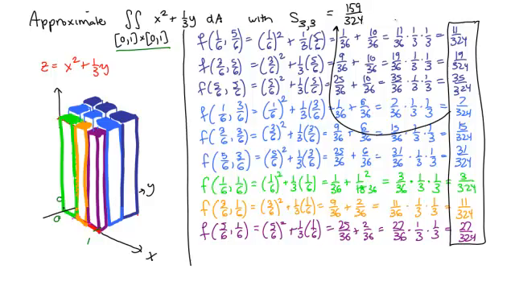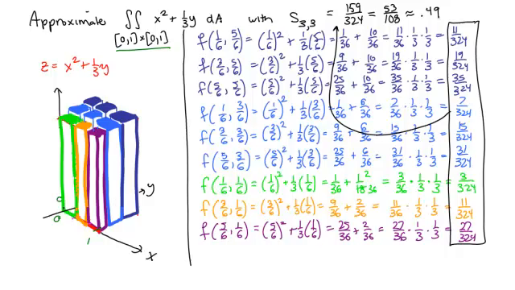We could divide everything through by 3 and reduce this down to 53/108, which is pretty close to a half. In fact, according to a calculator, this is approximately 0.49. So there's approximately a half a cubic unit of volume underneath this surface over this particular rectangle.